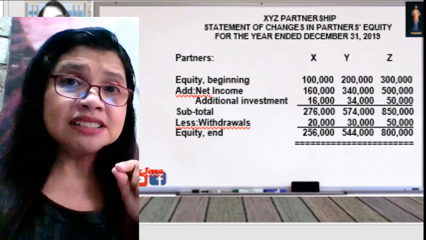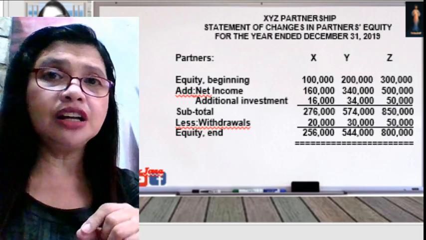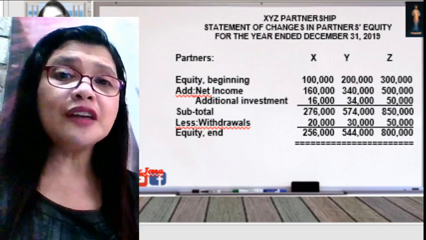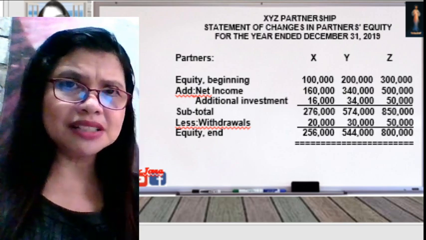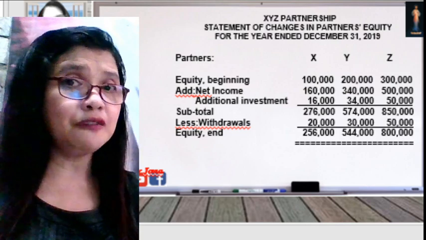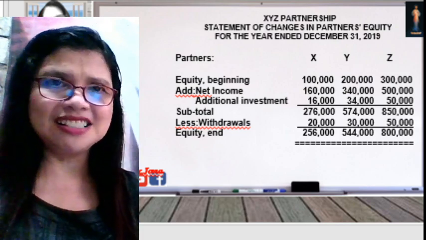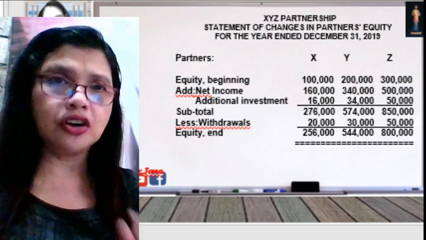And now Z has 50% contribution. So 1 million times 50% will give us 500,000. So if we add them all, 500 plus 340 plus 160, the total will give us 1 million. So we have divided the profits according to their capital contribution.